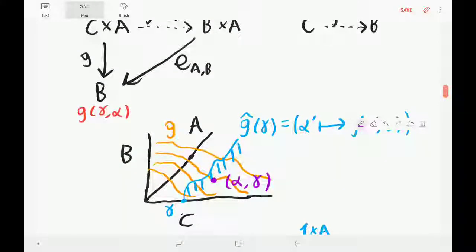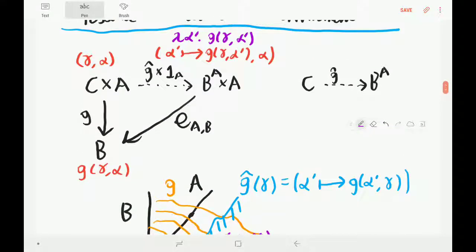Okay, let's see this for a start. This is really a picture of what exponential objects look like in the category of sets, and I think this is really useful to get some intuition. So the basic idea is, we have this stuff in black.